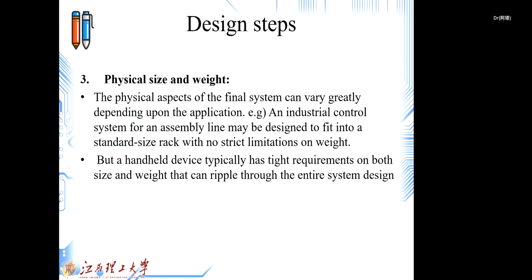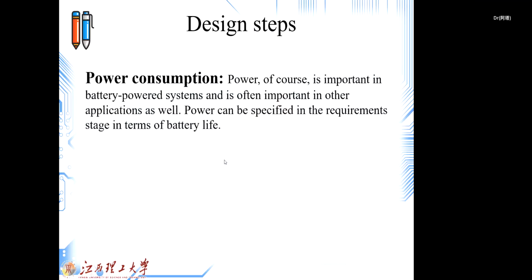But some handheld devices have a restriction of size, a restriction of weight, and maybe the working situation. That is why the physical size and weight, other than appearance, is more important for the designing steps.